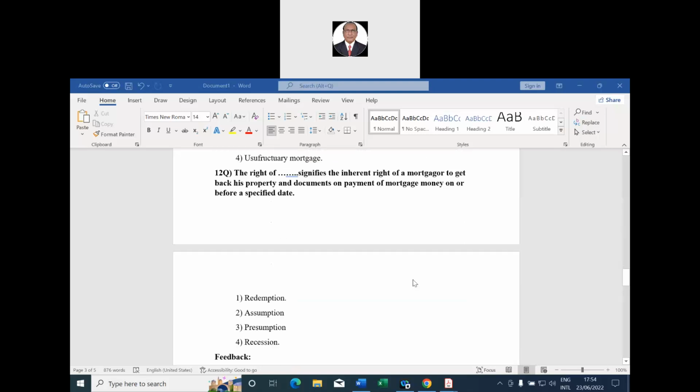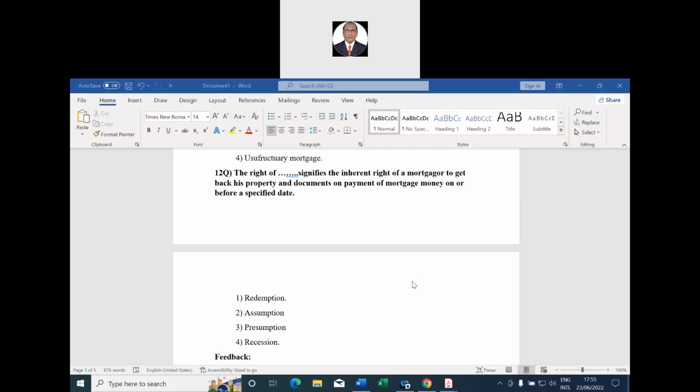12th question. The right of dash signifies the inherent right of the mortgager to get back his property and documents on payment of the mortgage money on or before a specified date. Appropriate word: number 1, redemption. Number 2, assumption. Number 3, presumption. Number 4, rescission.